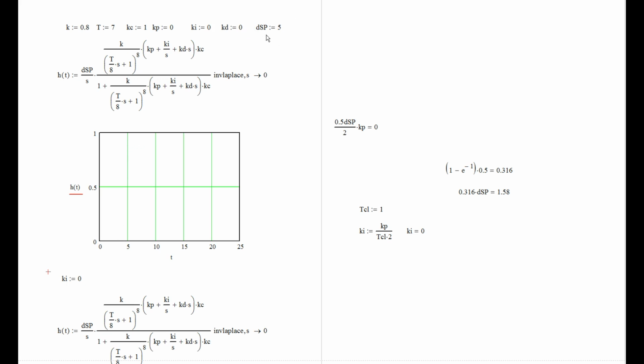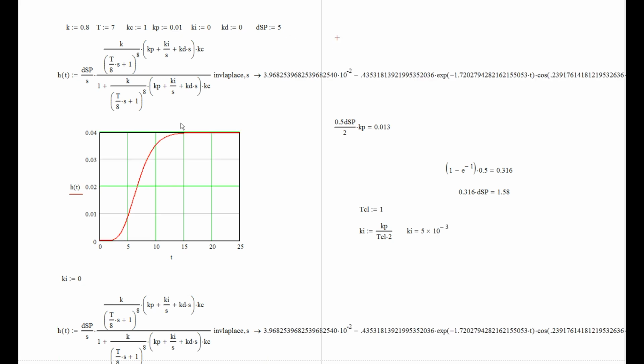Let it be 5. Okay, let's start with an extremely low Kp value. So response steady state is 0.04. So let's put it in this formula and get a new Kp value.